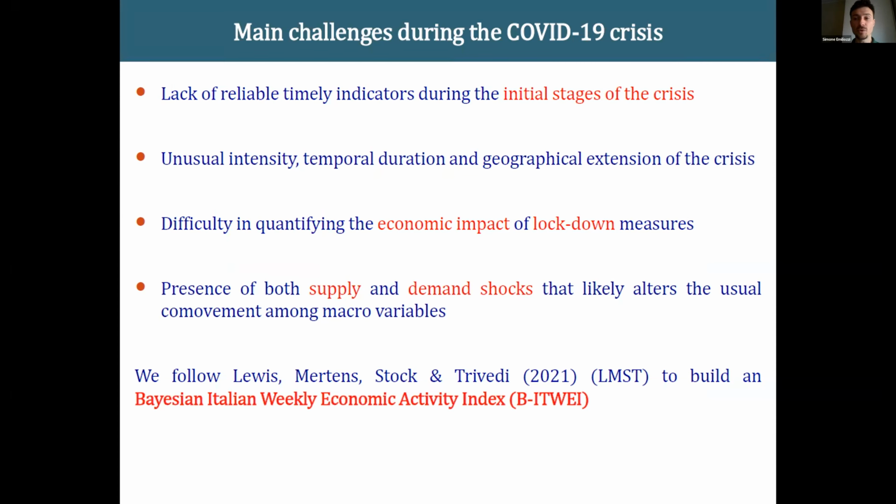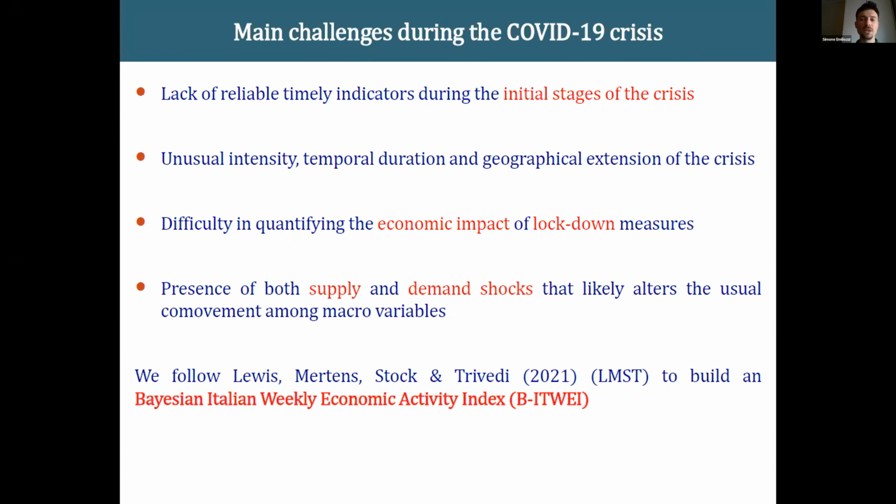Plus, it was very difficult to infer the economic impact of lockdown measures because we didn't have previous data on such a big and worldwide pandemic. So traditional time series models were of limited use, also because the pandemic was such a convolution of supply and demand shocks that the past movement of the variables was not of much help.